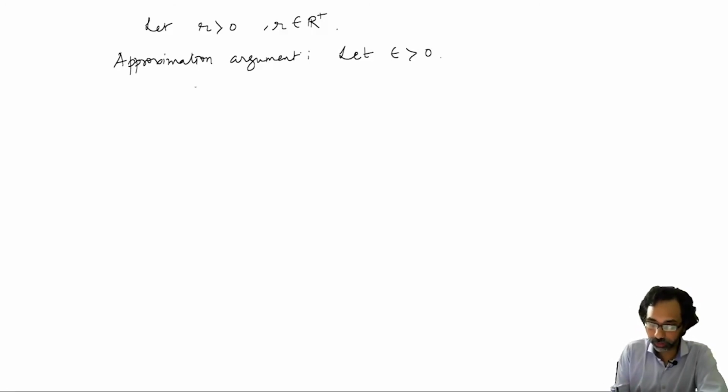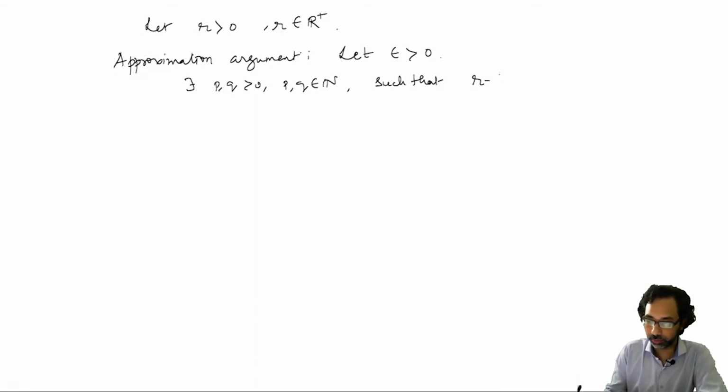Now by the density of rationals in the reals, there exist natural numbers p, q greater than 0 such that r minus p by q is less than epsilon.